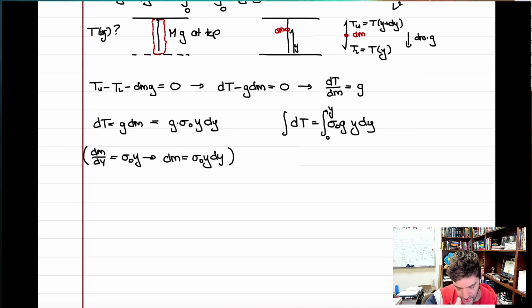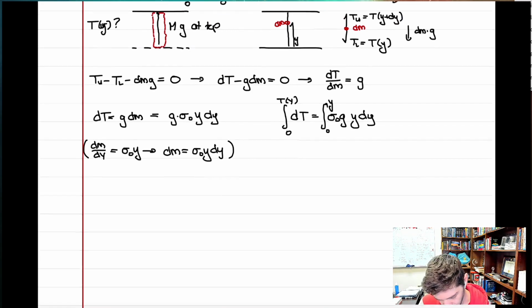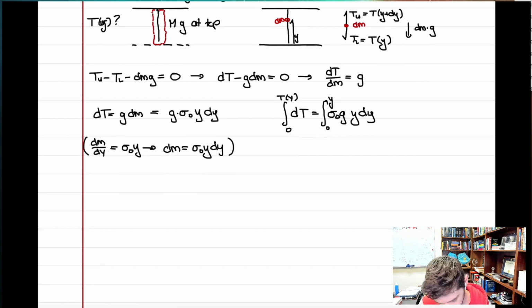So the tension at the bottom of the rope, we argued, is 0. And then it goes up to whatever the tension is at some arbitrary location. Did I always have to start at the bottom? No, I could have started at the top in both cases and gone down to some arbitrary location. As long as you're careful with what the limits are, you'll always, of course, get the same answer.